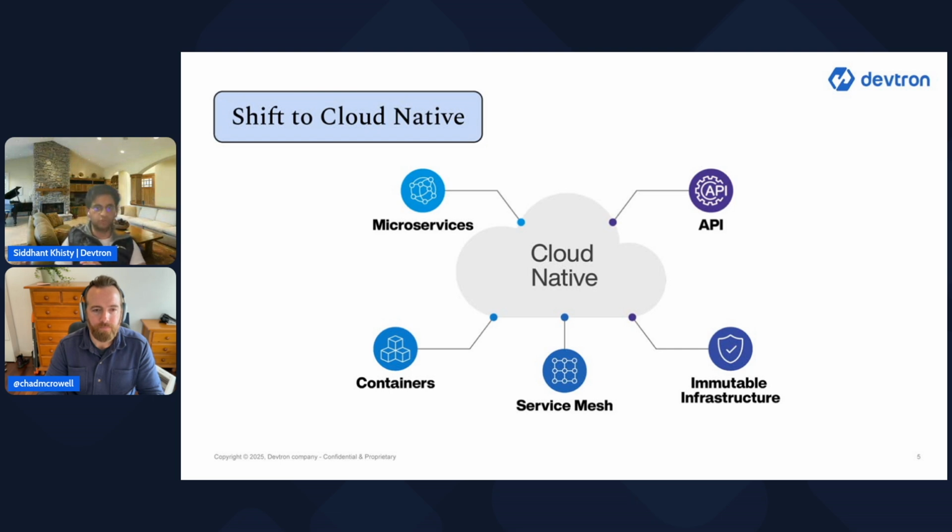So Chad, my question to you would be, what are some of the challenges that you are seeing that arise when we're talking about security in the cloud native world? Yeah, I think first and foremost, misunderstanding your responsibility. There's this thing called the shared responsibility model.